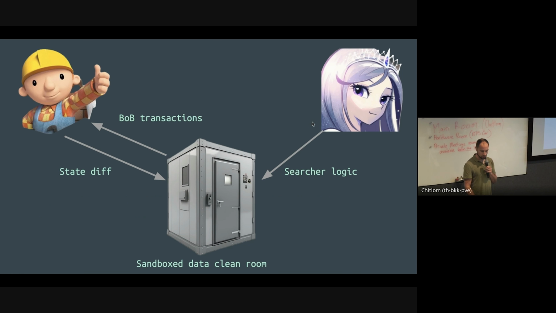So the searcher is going to provide the searcher logic, which is then going to look at the state diff, and depending on the state diff, they might send transactions back to the block builder. And these are bottom of block transactions, so they append to the bottom of the block.